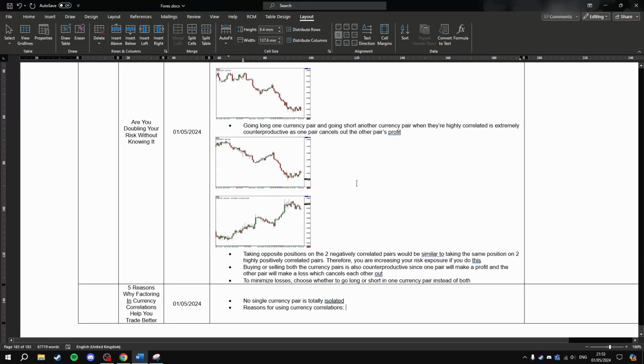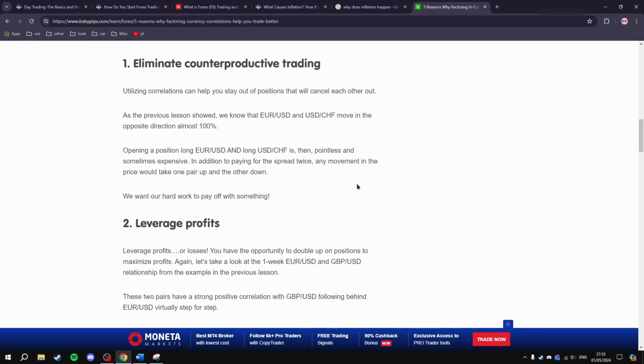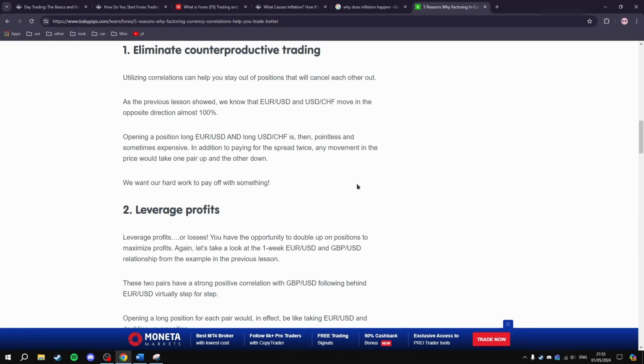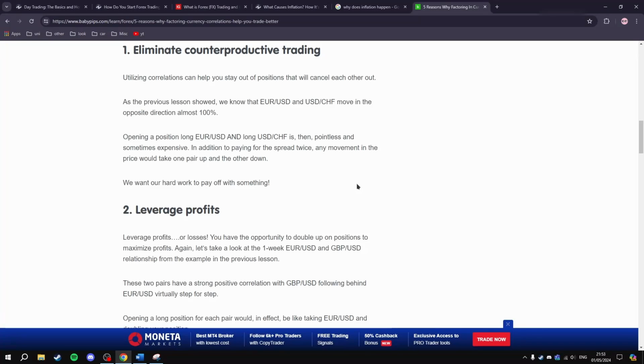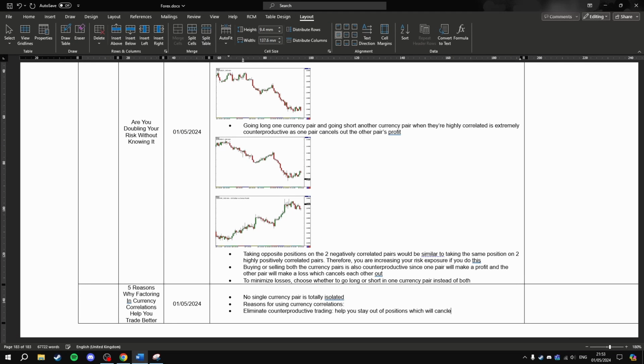Eliminates counterproductive trading. Utilizing correlations can help you to stay out of positions which will cancel each other out.